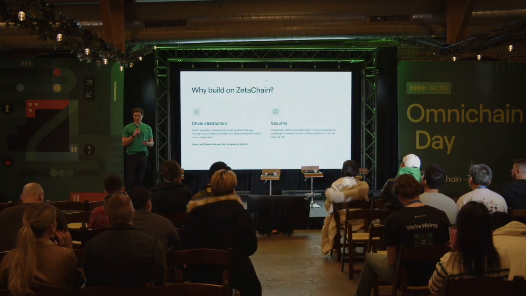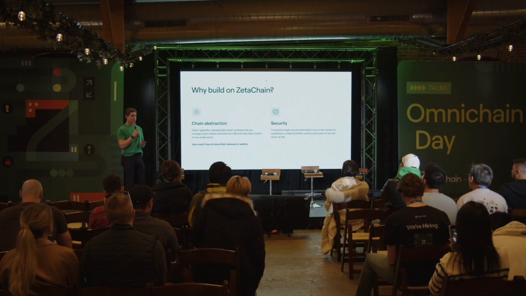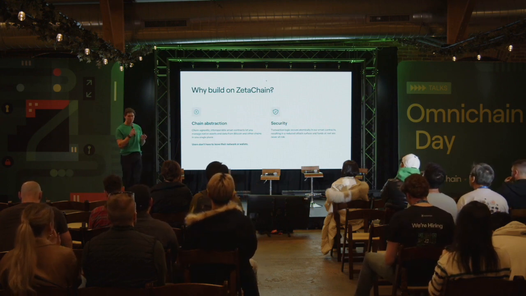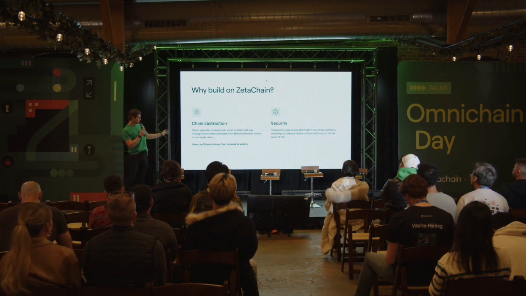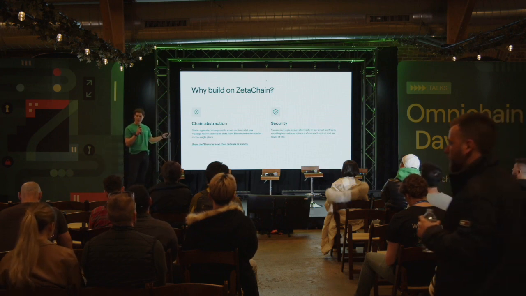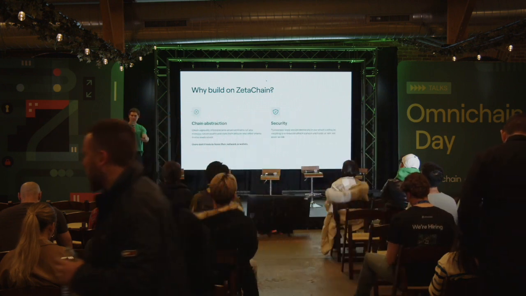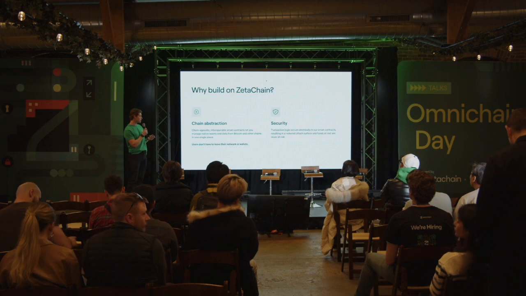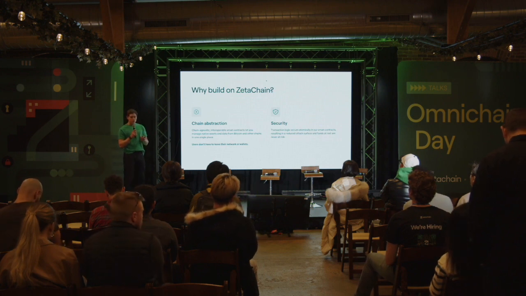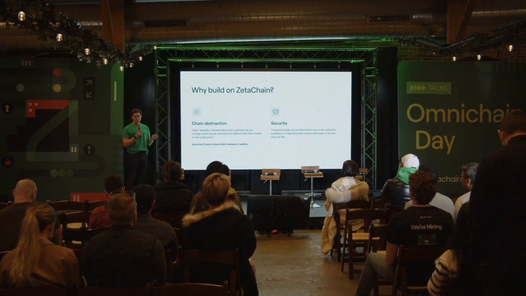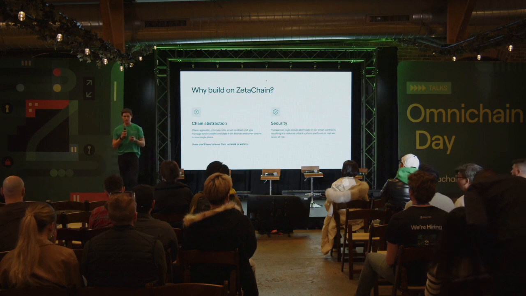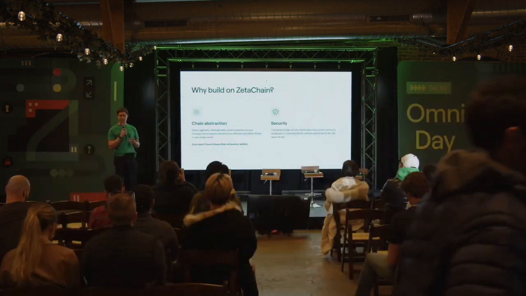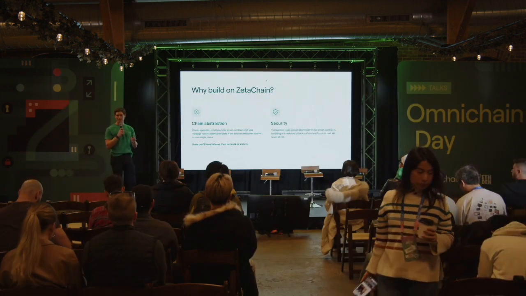So developers building on ZetaChain want to achieve complete chain abstraction. What we mean by that is you deploy a dApp on ZetaChain, and it can natively access users and data on any external chain, even Bitcoin. From a user standpoint, you could be in your Bitcoin wallet on the Bitcoin network, Binance, Ethereum, any connected chain, and you can interact with that Omnichain dApp.